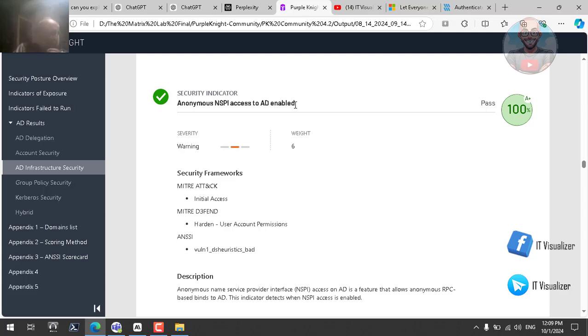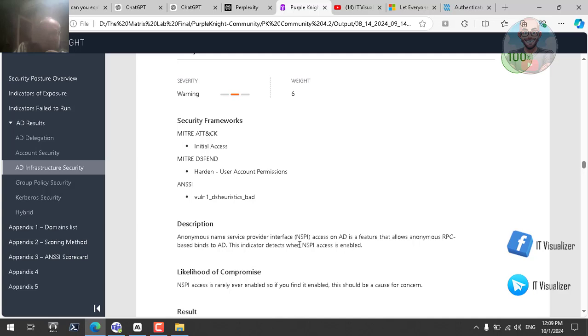This is another feature which allows anonymous users, let's see what it does exactly. Anonymous Name Service Provider Interface access on AD is a feature that allows anonymous RPC-based bindings to the AD. This indicator detects when NSPI access is enabled. So I think here he's saying that enabling this feature will enable any anonymous remote access to your Active Directory.